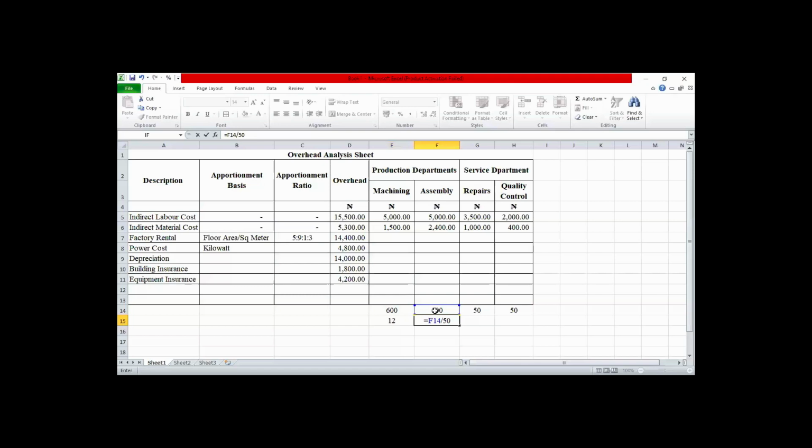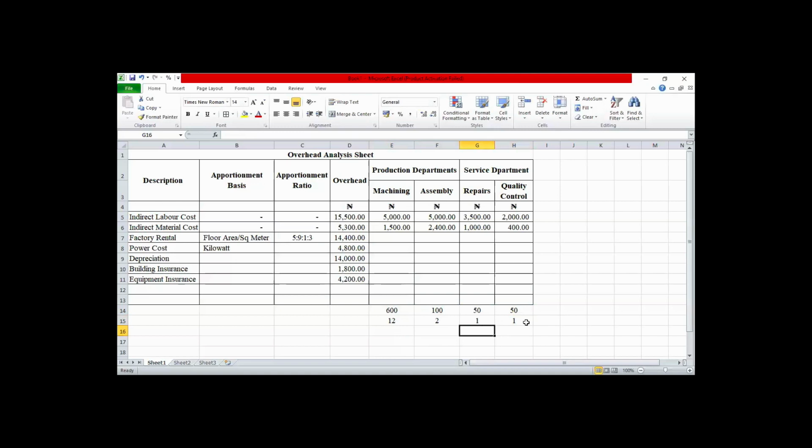The common factor that can go in all of them is what you are going to use. 50 can go in 600, 50 can go in 100, 50 can go in 50, 50 can go in 50. Using the common factor, we now have 12 ratio 2 ratio 1 ratio 1.